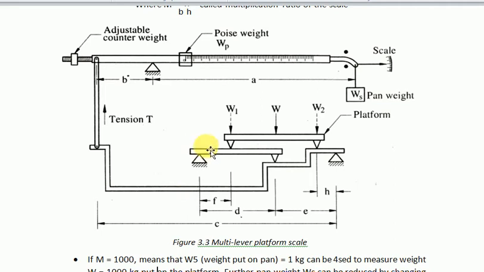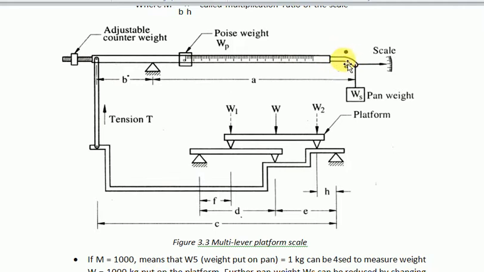This is a fixed point, and again this is a fixed point, and whatever deflection is generated on this lever will be calibrated here. You have to arrange this device in such a way that it balances between these two points.